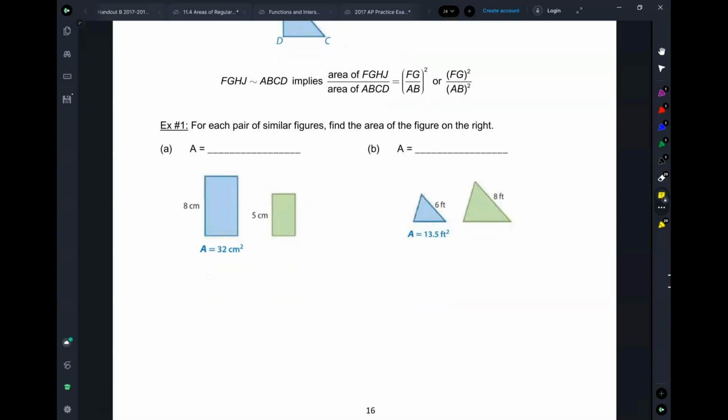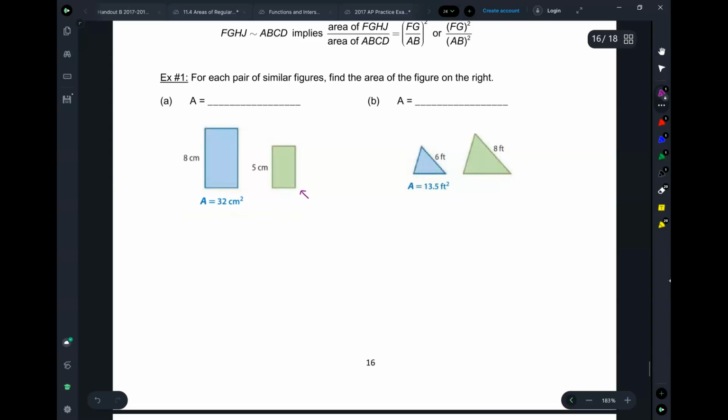Look at this. For each pair of similar figures, find the area of the figure to the right. So we want to find the area of this one. Well, what's the scale factor? It's 8 to 5.